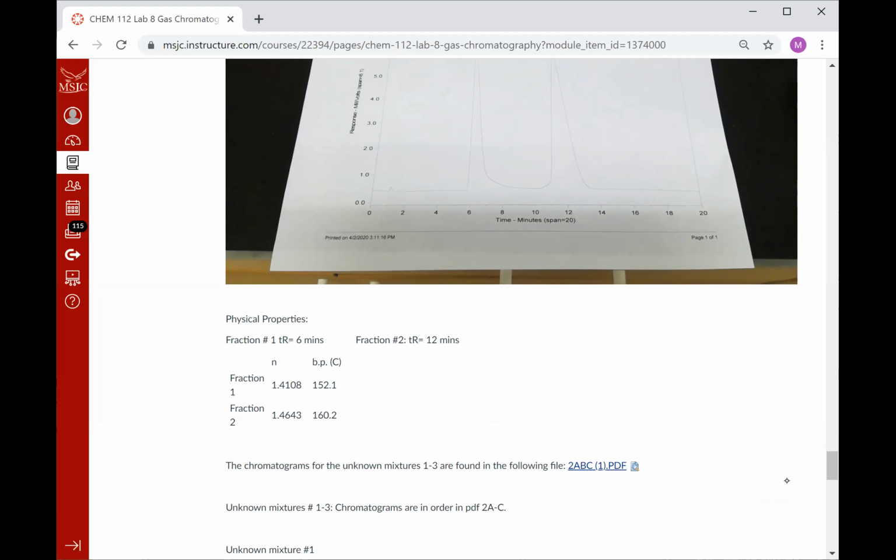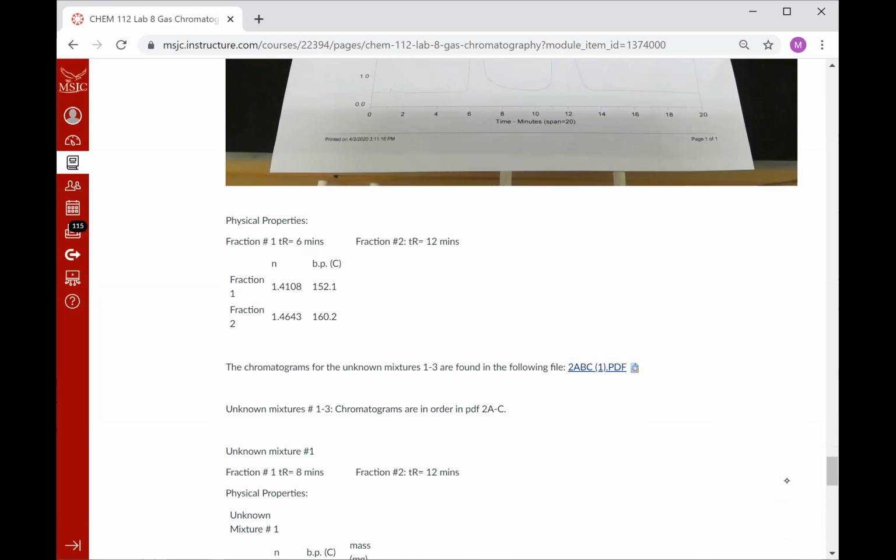The retention times that I give you in this table are not exact. You're going to have to figure them out on your own from the chromatogram. I've also provided you the physical properties such as the refractive index and boiling point for the samples that I measured outside of the recording.